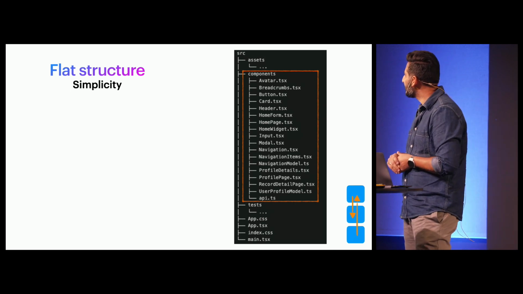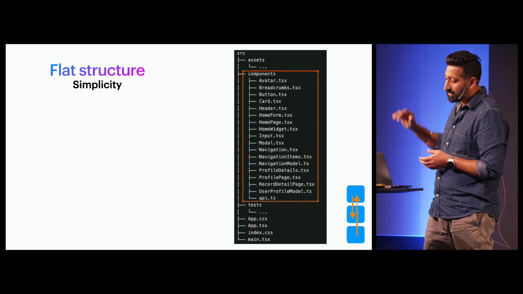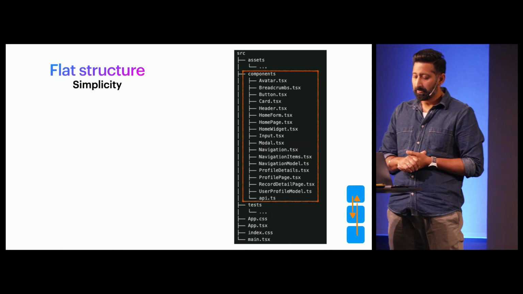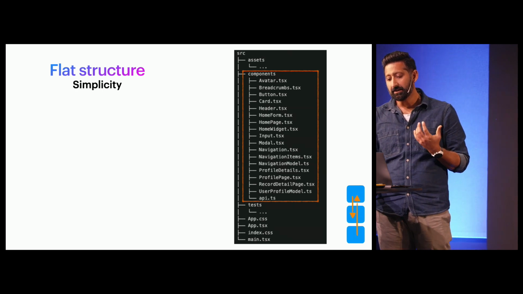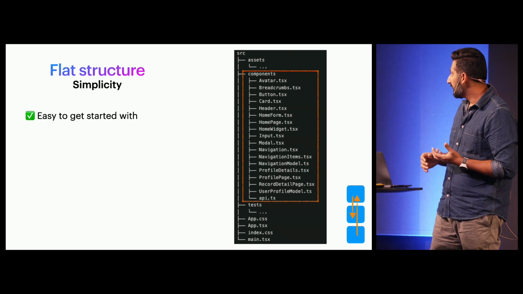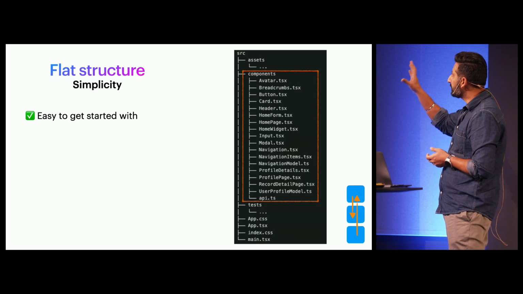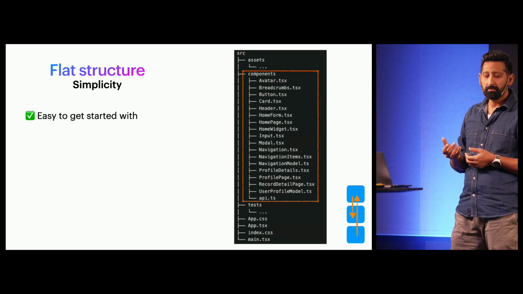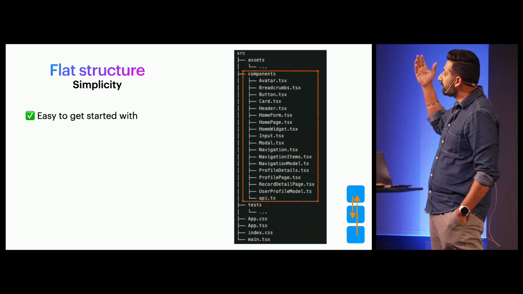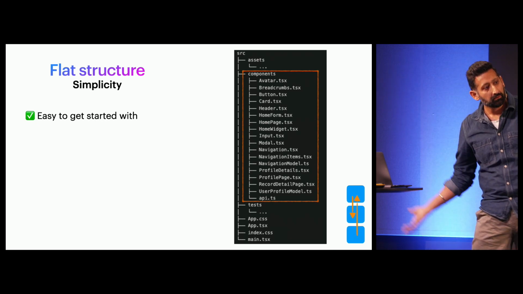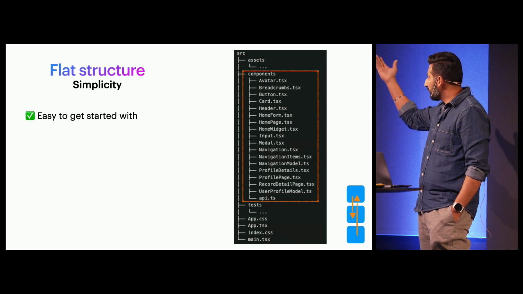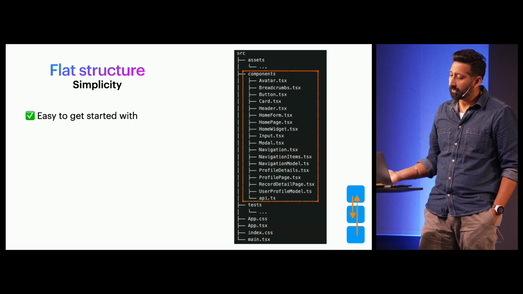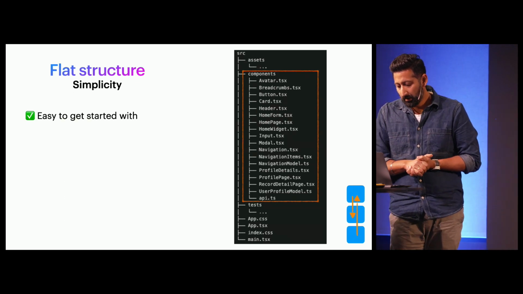It's a very common structure, it's very easy to reason about, and it's easy to get started. The core essence is that all your components and files live in one space, one folder. It could be the root folder, or a folder like this called components. I think this is a very common pattern.